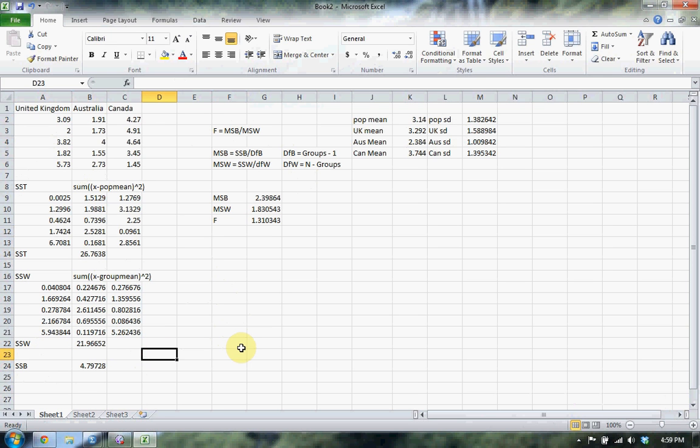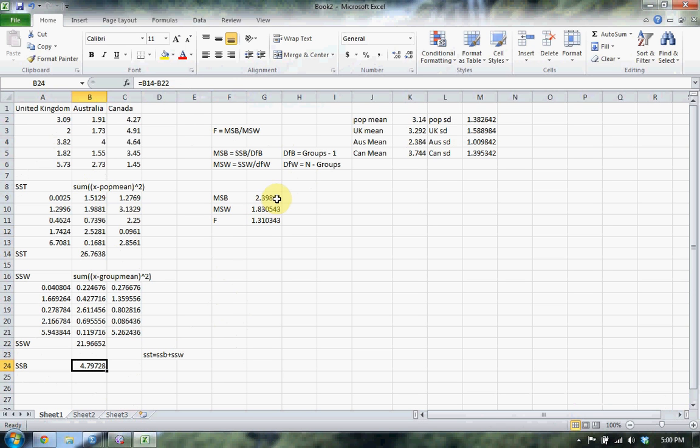This is because the sum of squares total equals the sum of squares between groups plus the sum of squares within groups. So you just subtract the sum of squares within from the sum of squares total, and that gets you your sum of squares between. You can see in the formula, that's what I did.